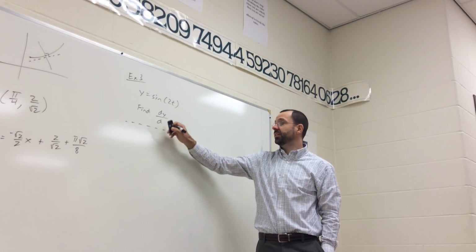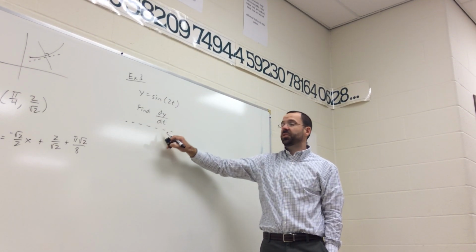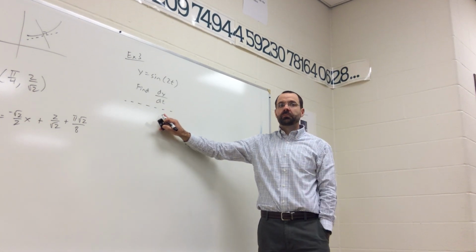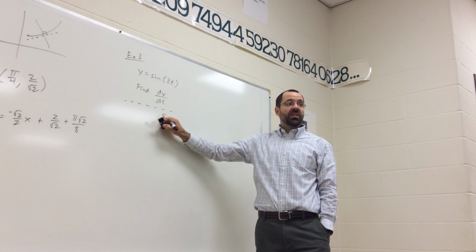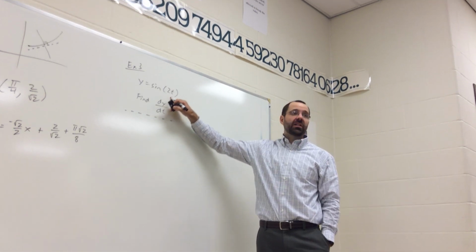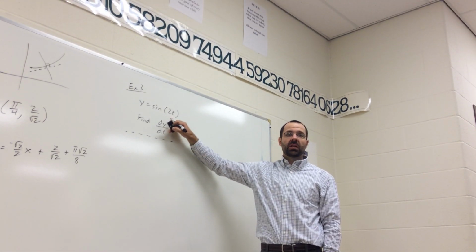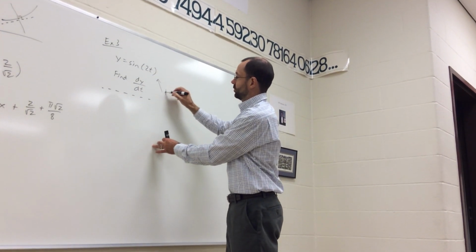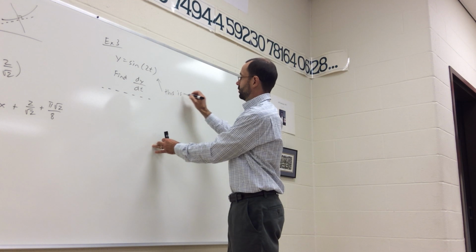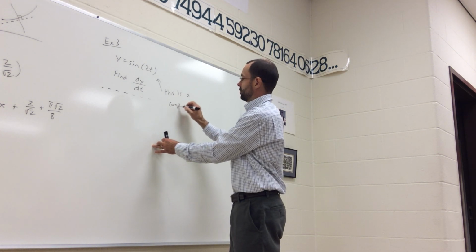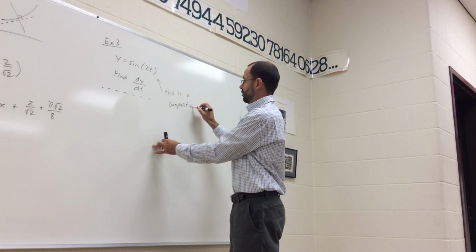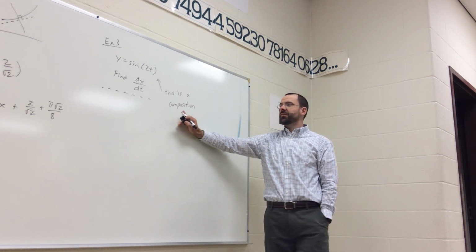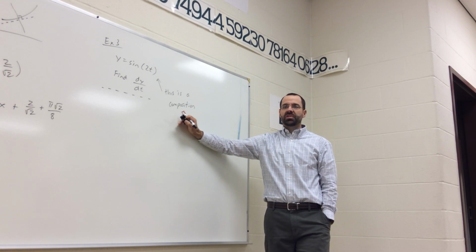Sorry, this should be dy dt, because the variable is t. Okay, so this is a different kind of function. It's a composition. So why is this function a composition?